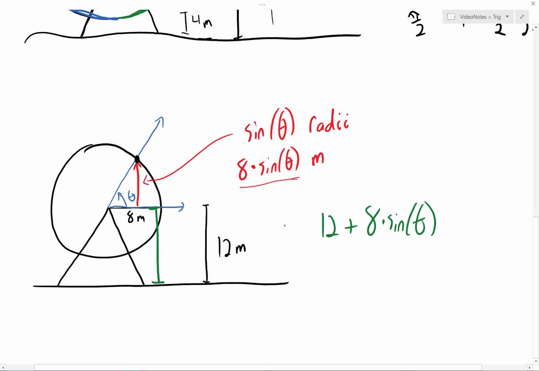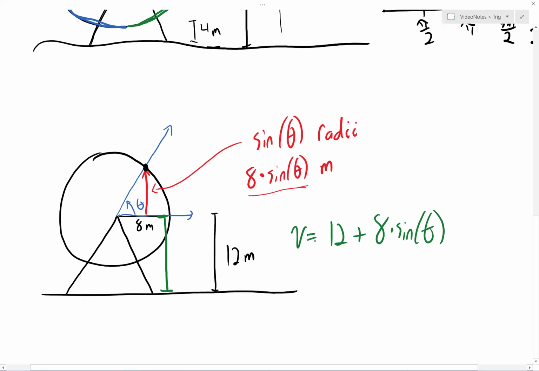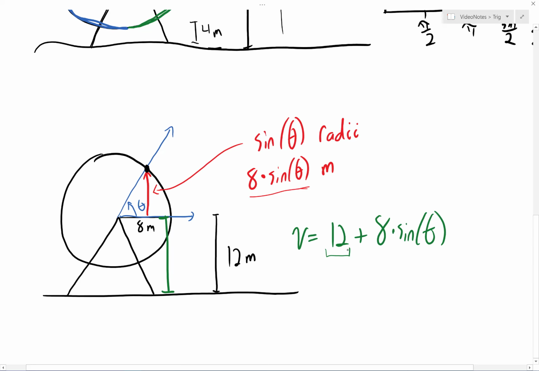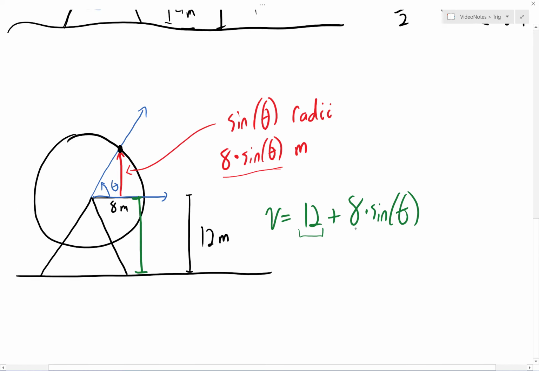So in this case, v, her distance above the ground, is equal to 12 plus 8 times sine of theta, where 12 is the distance above the ground for the center of the Ferris wheel. Sine of theta represents Kristen's height above the center of the Ferris wheel in radii, and then 8 times sine of theta gives Kristen's height above the center of the Ferris wheel in meters.